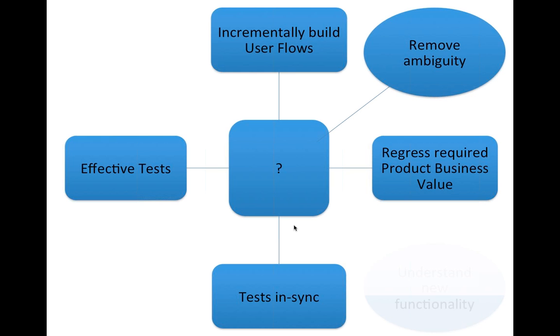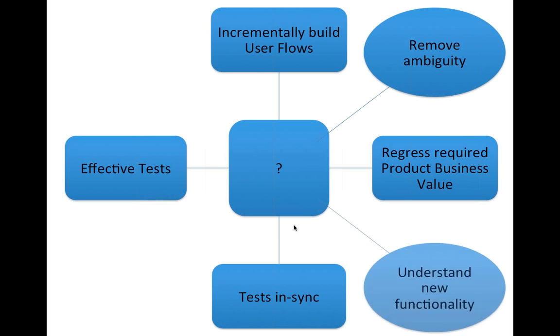Also, if you specify it in the business terminology, you're removing implementation details and you're removing the ambiguity from all the roles involved by speaking about what exactly is the business value you're bringing to the table by these particular tests. Everyone can relate to it again. It becomes easy to understand the new functionality also, because now you're not saying I have changed my checkbox to a drop down or drop down to a checkbox.